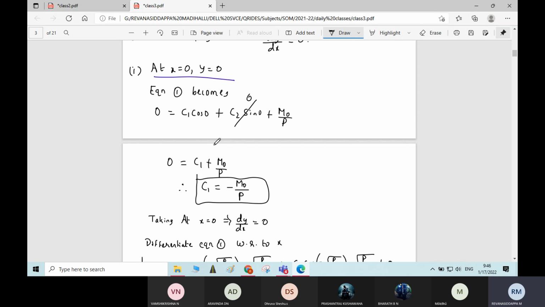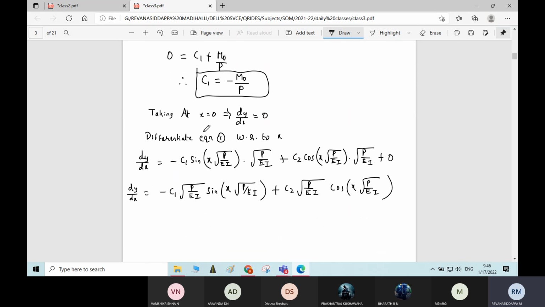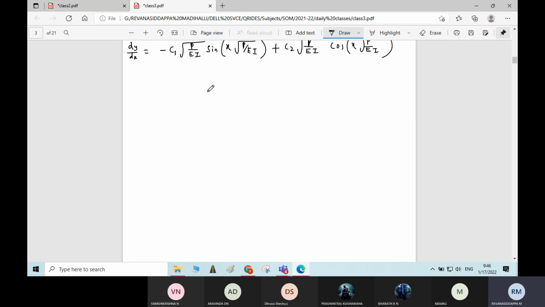Now apply the second part of the first condition, that is when x equal to 0, dy by dx equal to 0.